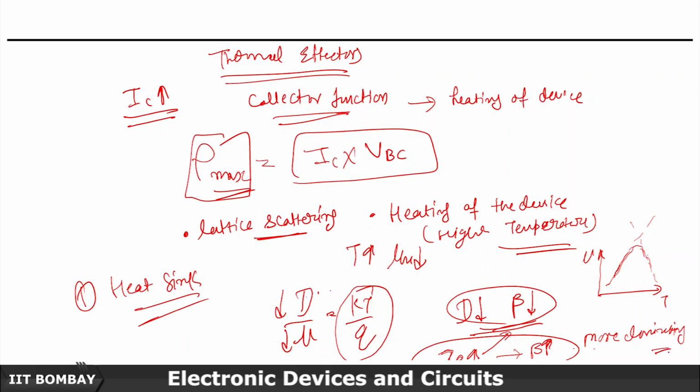Okay. And this will further increase the IC, because we know that IC is equal to beta IB, right. So, a large amount of current will flow. Temperature is increasing, it is increasing the beta, and again current is increasing. So, it becomes a cycle.